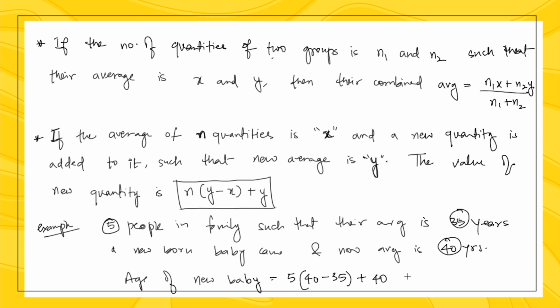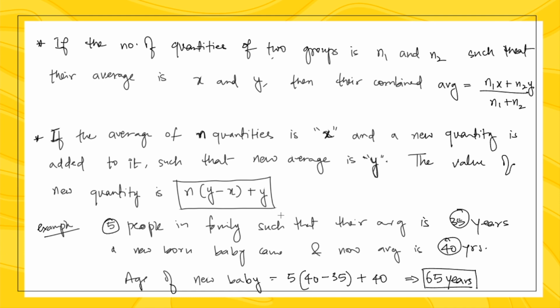So 5 into 5 is 25, plus 40, it will be 65. It's not actually a baby, I just created this formula problem over here. 65 years is not the age of a baby, but I hope you got the point.